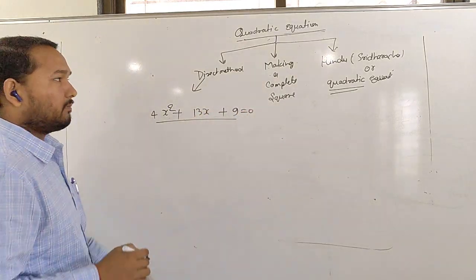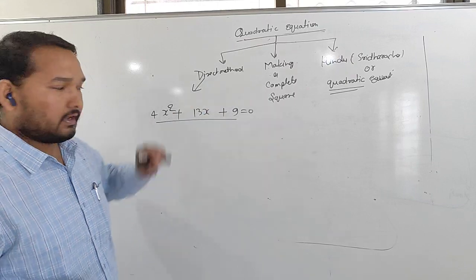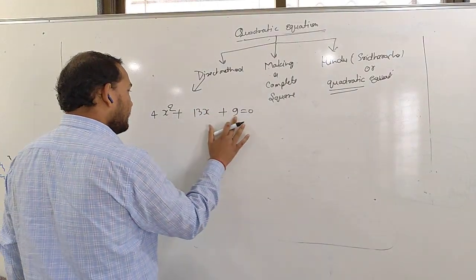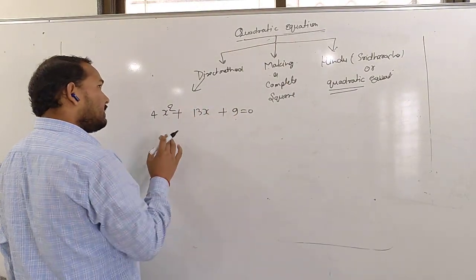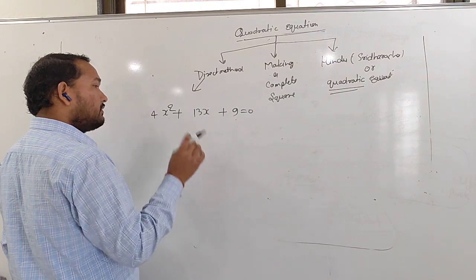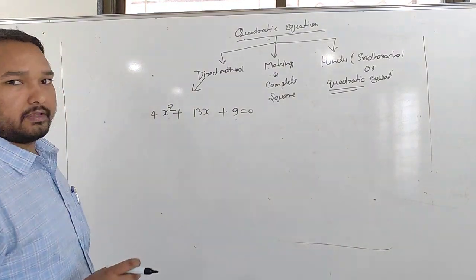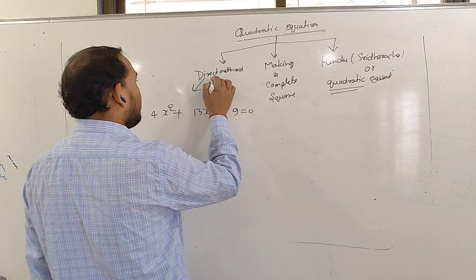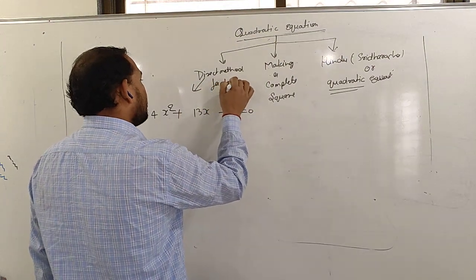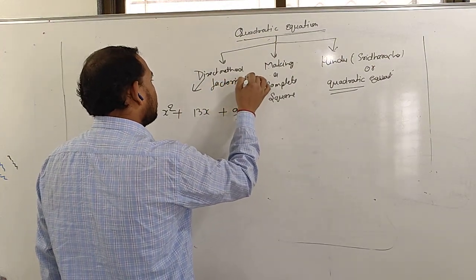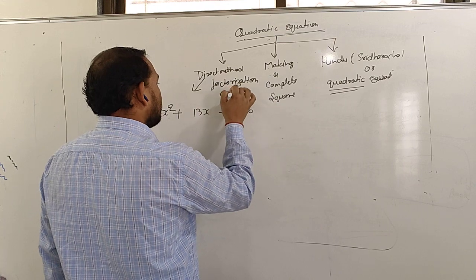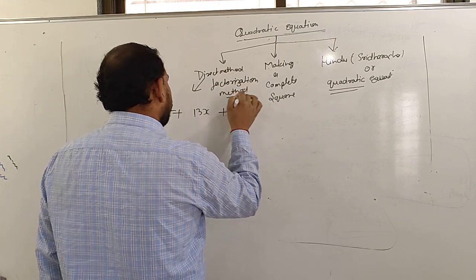This is a simple example using the direct method. The direct method says that any quadratic equation given, we can solve directly using the factorization method. That is called the factorization method.